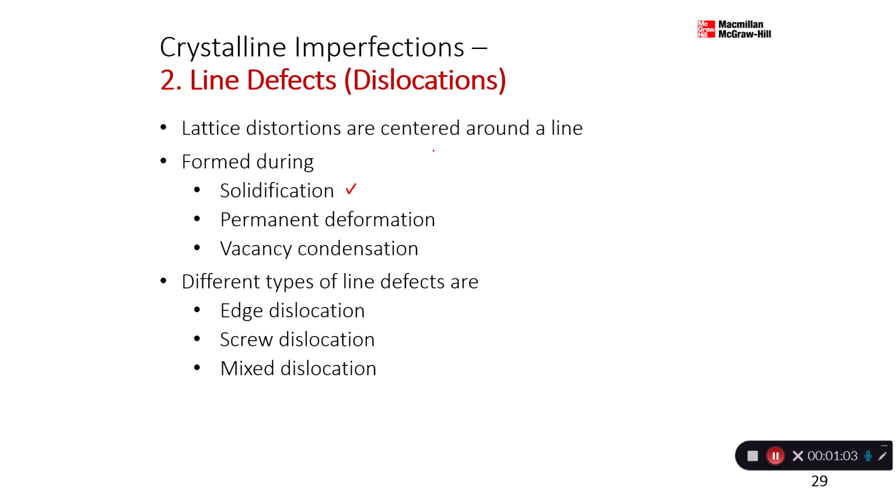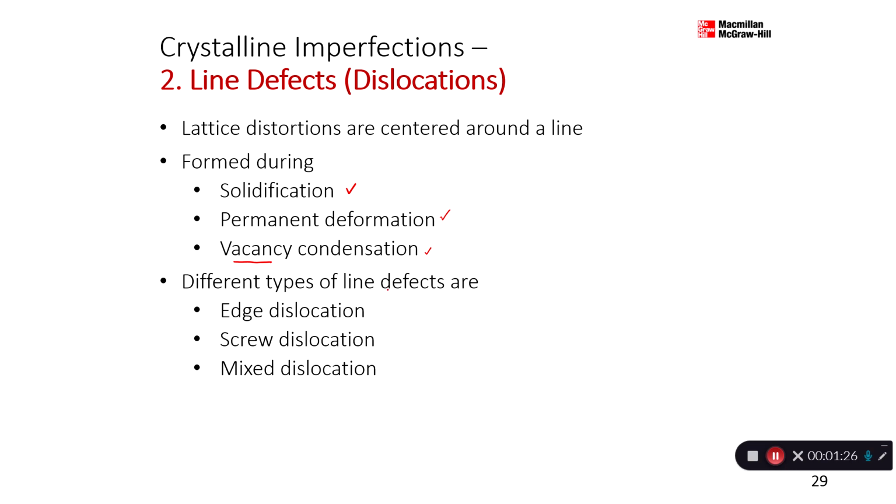This causes line defects, or also vacancy condensation. That means that if a lot of point defects are happening, vacancies in the structure could cause line defects. So point defects could lead to line defects.